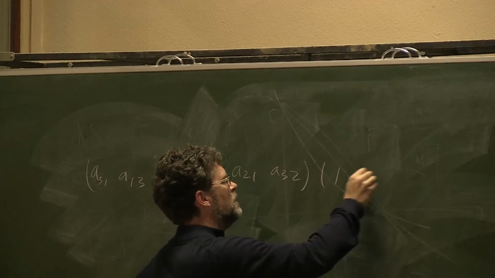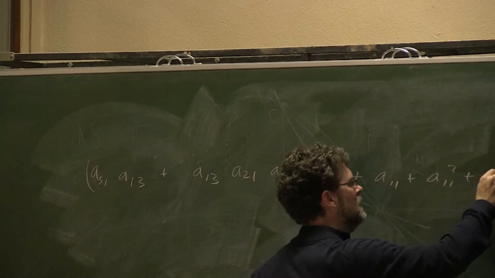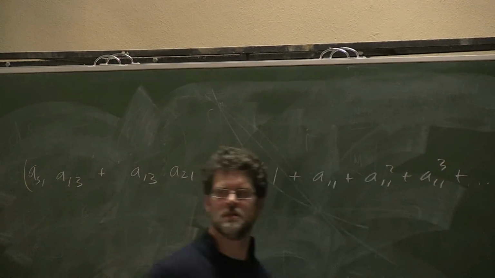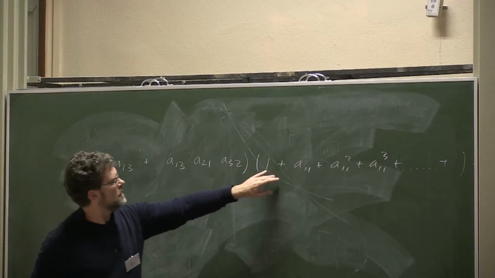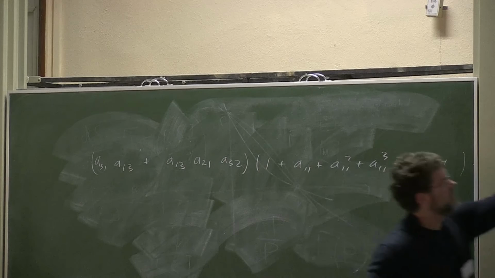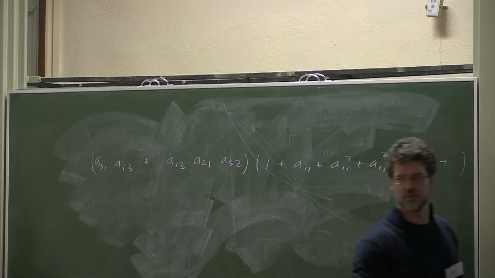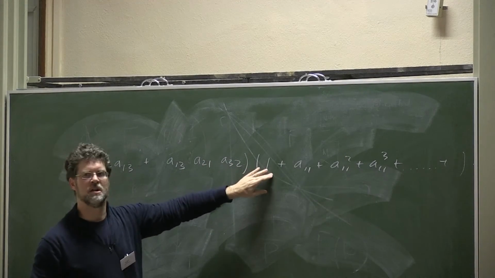But I'm going to write that as 1 plus A11 plus A11 squared plus A11 cubed plus like that, okay? And so I've just written this out as a series because we know this number is less than 1. Does anyone have a sense of how to interpret this here?